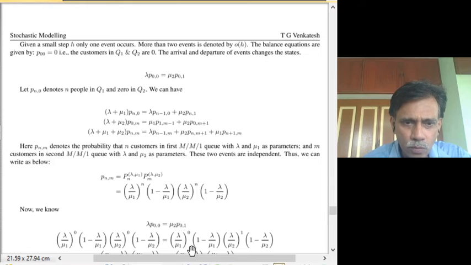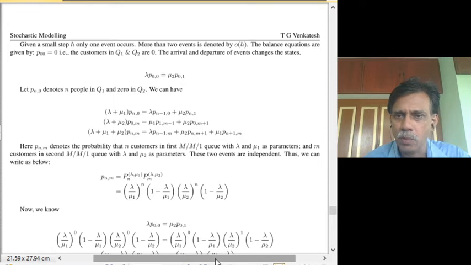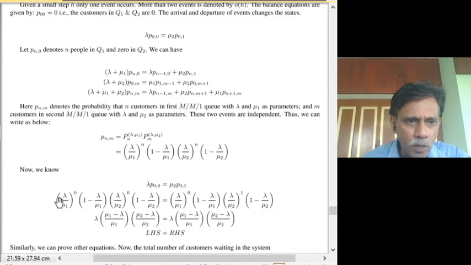That is equal to P01 times mu2, mu2 should be there, into lambda by mu1 power 0 into 1 minus lambda by mu1 into lambda by mu2 power 1, because it is P01 into this one. So actually there should be a lambda here, there should be a mu2 here, there has to be a mu2.